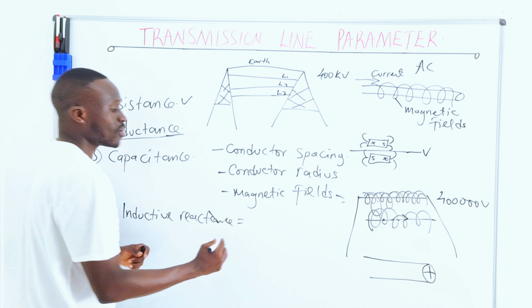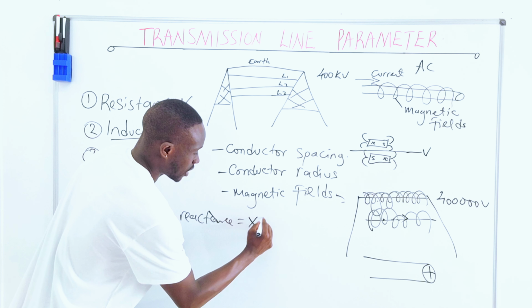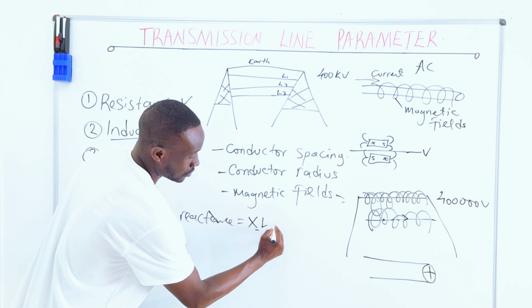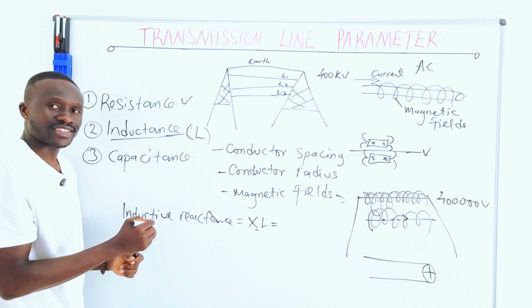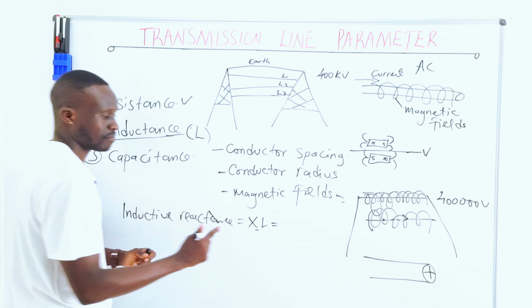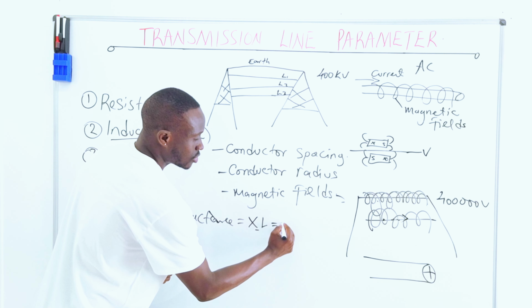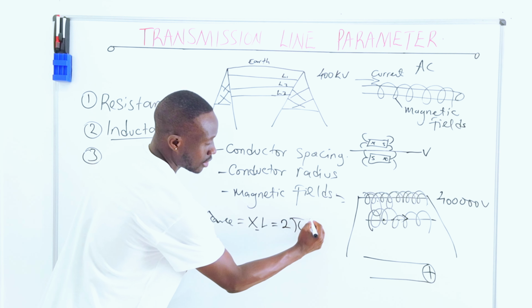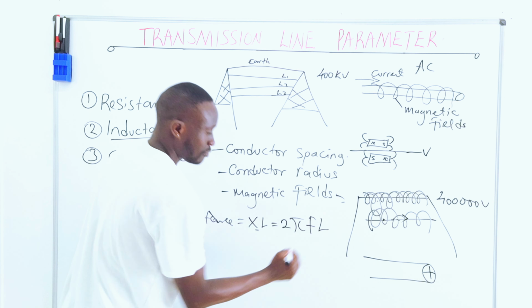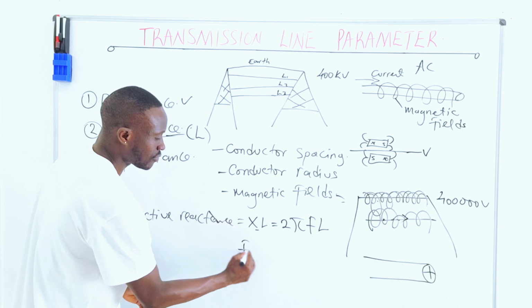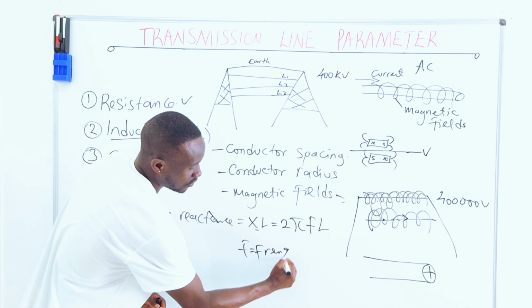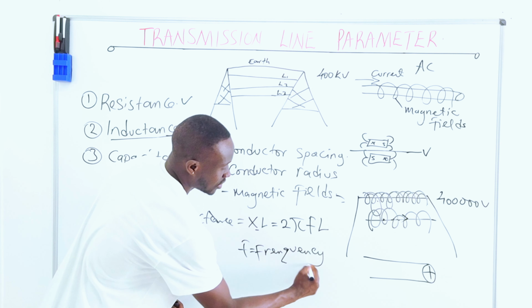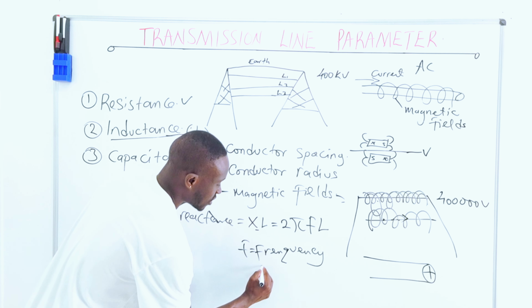You will use a formula of XL, where L represents inductance. XL is 2 pi FL. F stands for frequency, the system frequency, the frequency of the system.